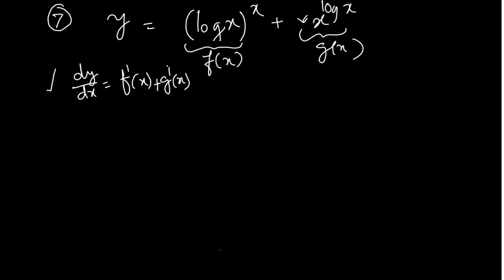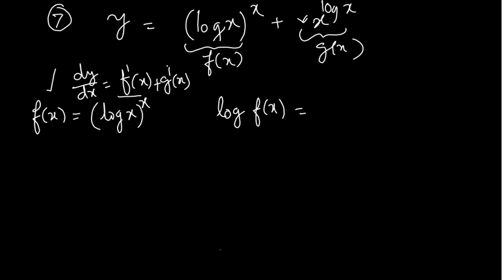Now we are doing this f of x equal to log x to the power of x. So taking logarithm both sides, log f of x equal to log x to the power of x.